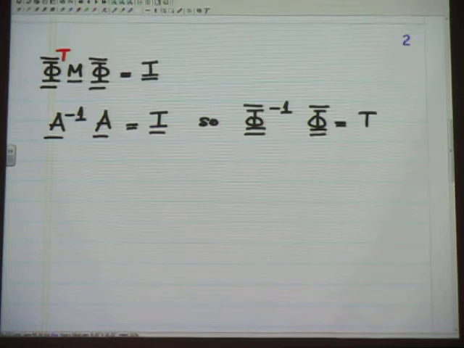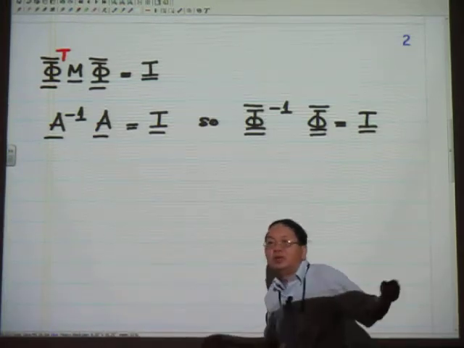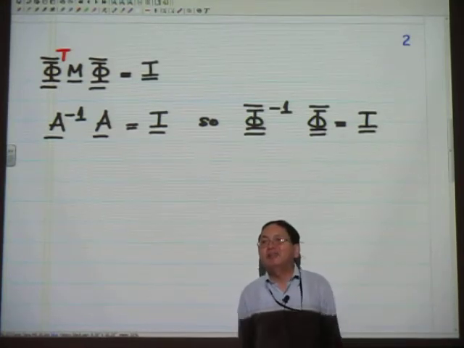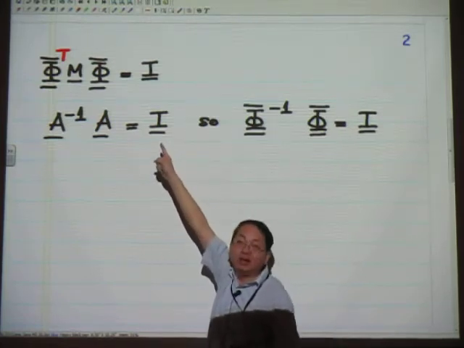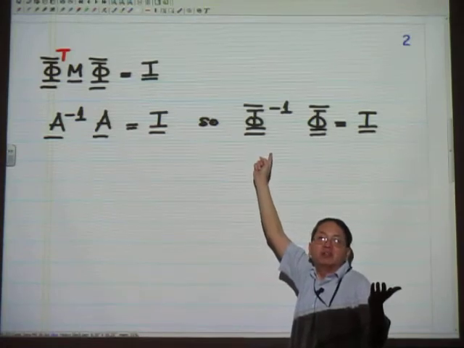You get identity, right? Everyone knows this. So here's the hint. If you look at this expression and this expression, can you deduce the expression for phi bar inverse? Come on, active learning training. Just look at this expression in the orthogonality and the definition of the inverse of a matrix.